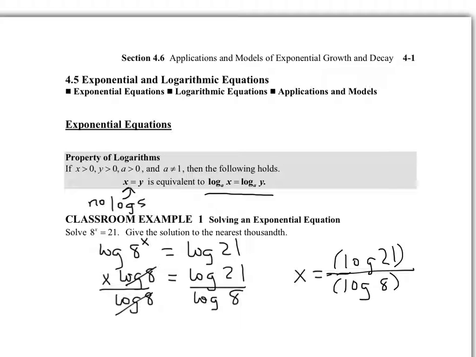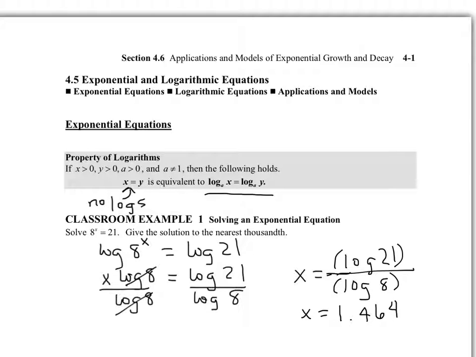You want to be sure you put the parentheses around it so the calculator will recognize the order of operations the way that you intend. And if we round to the nearest thousandth, as the instruction told us to do, we would get 1.464.